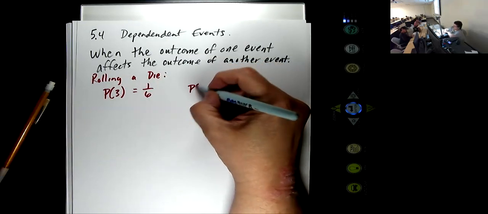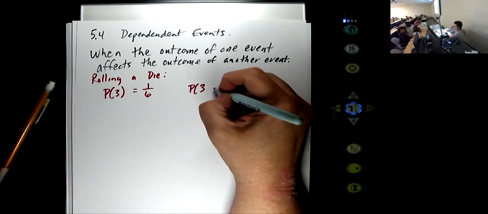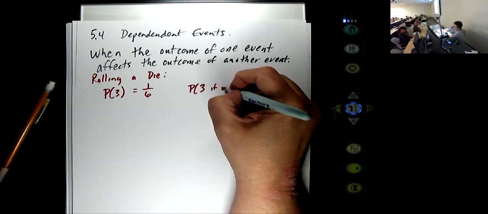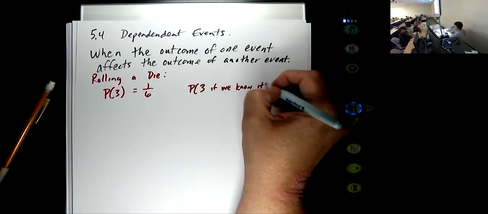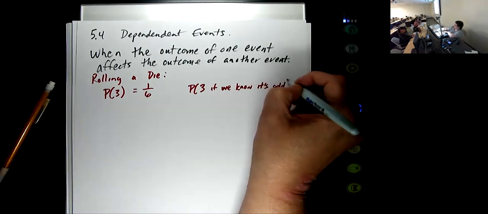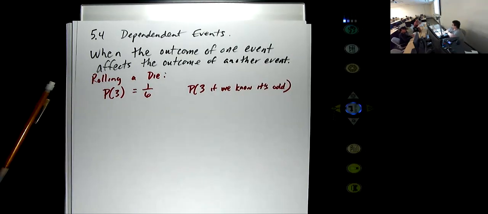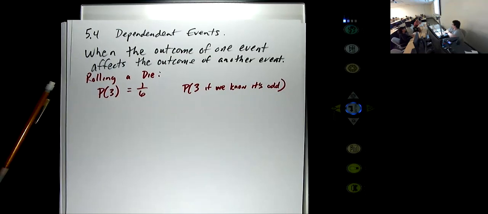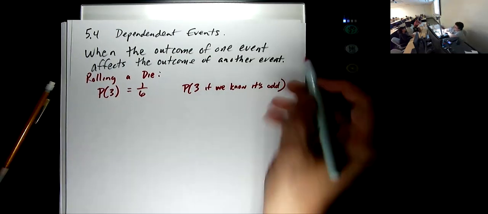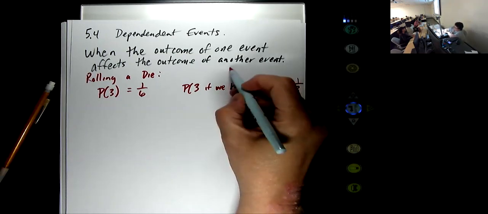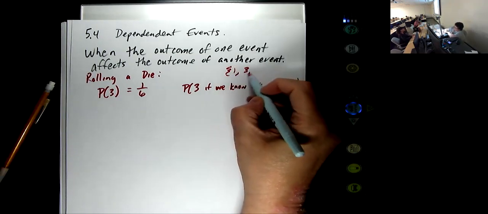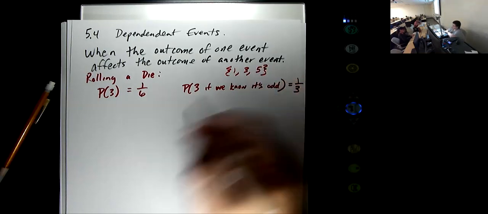What is the probability of getting a 3 if we know it's odd? It'd be 1 out of 3, because there are only 3 odd numbers on the die. This sample set only has 1, 3, 5.